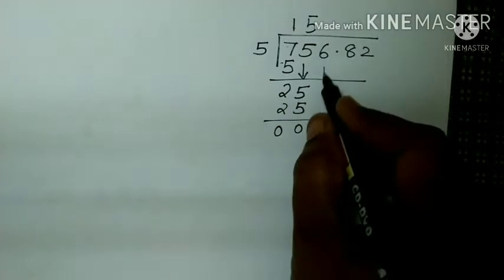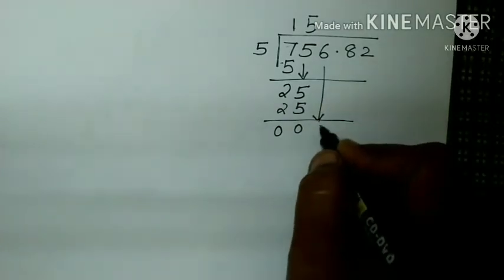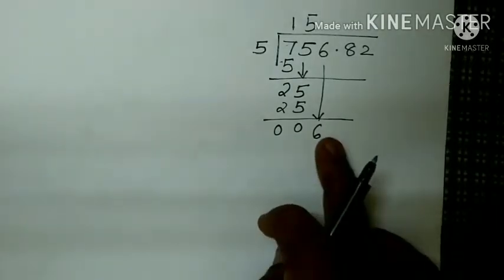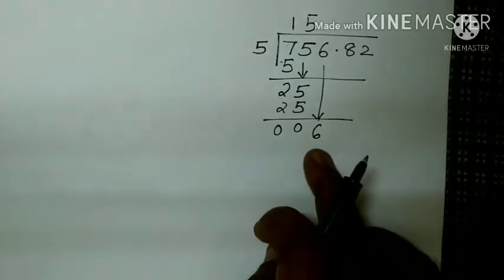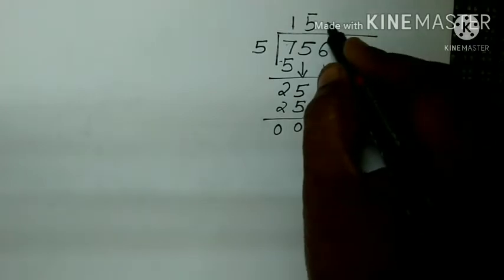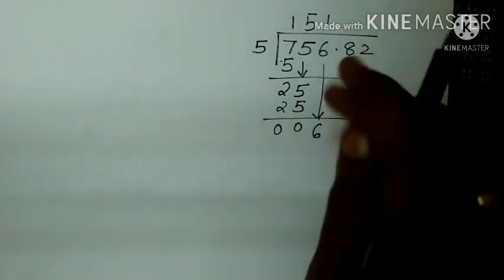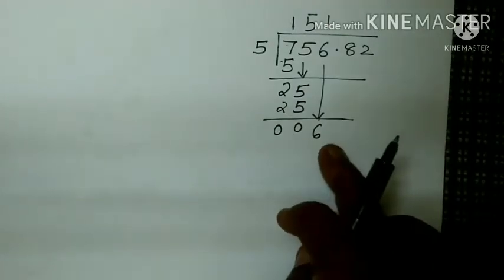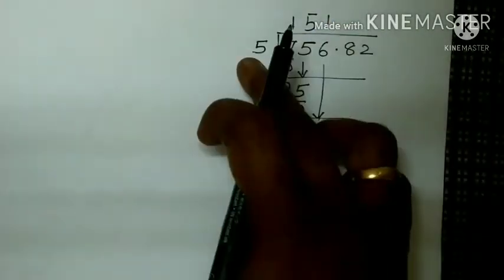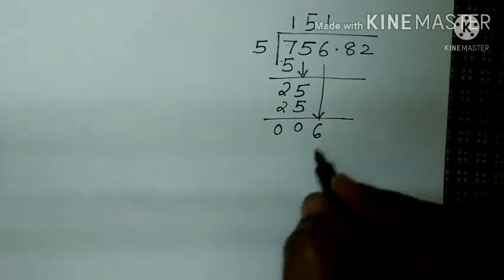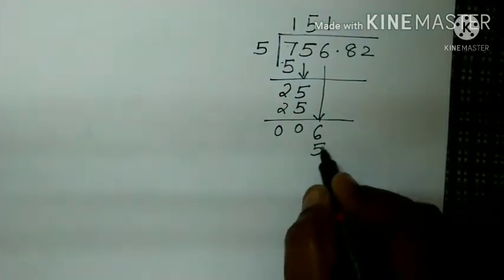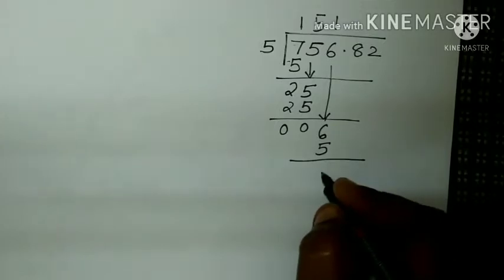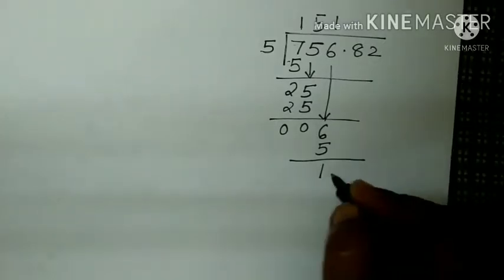Move to the next place, that is 6. How many times 5 is in 6? That is 1 time. Why? Because 2 5s are 10. 10 is greater than 6. So we have to take 1 5. 1 5 is 5. So what is the next step? Subtraction. 6 minus 5, 1.